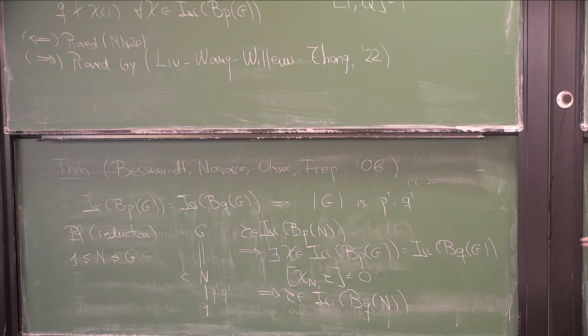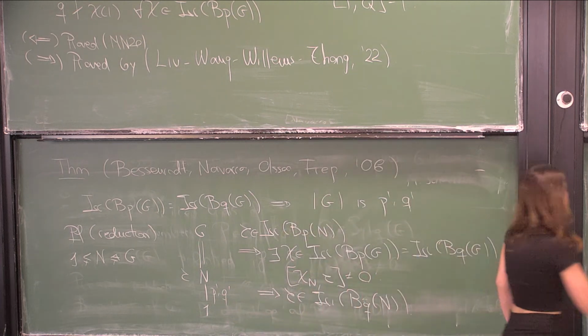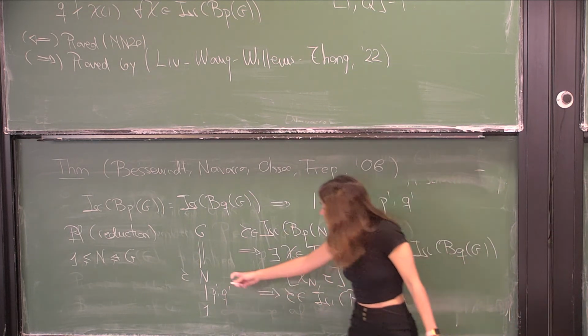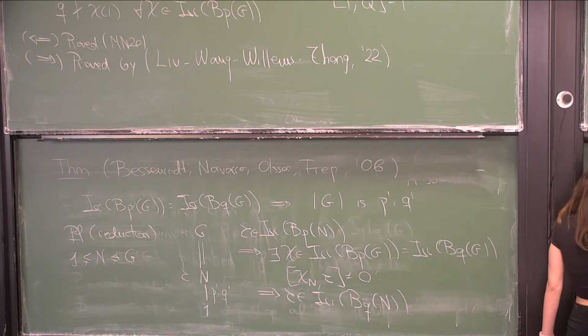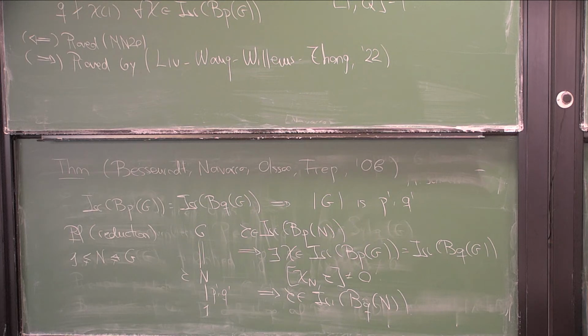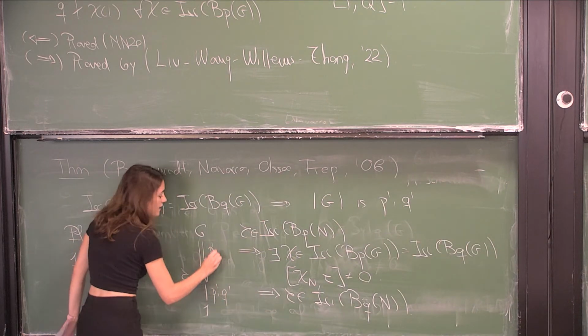So now we need to verify also our hypothesis in the factor group G mod N. But now we have that our subgroup N is a P prime subgroup, and this is very strong in the principal block case, because in this case the characters of the principal block of G are exactly the characters of the principal block of G mod N. But N is also a Q prime subgroup, so we can write exactly the same with Q. And we know that these two sets are the same, and again by induction, we have the result.